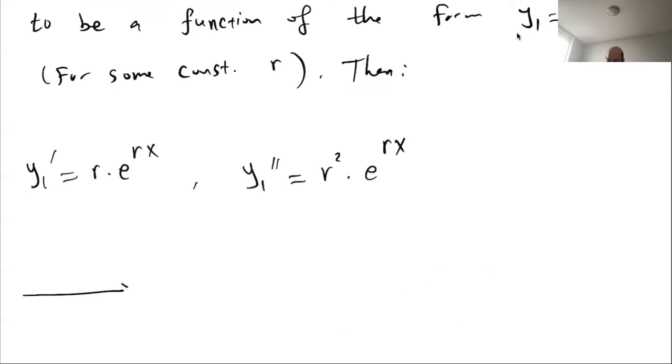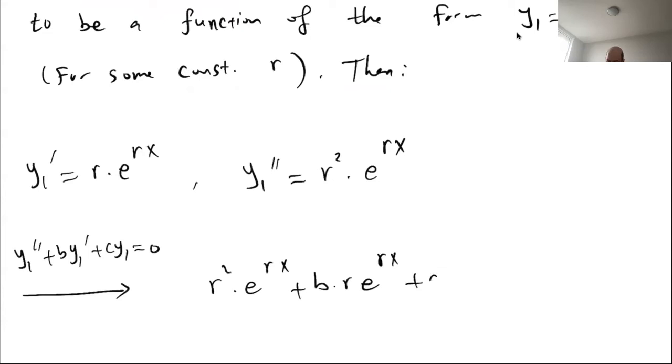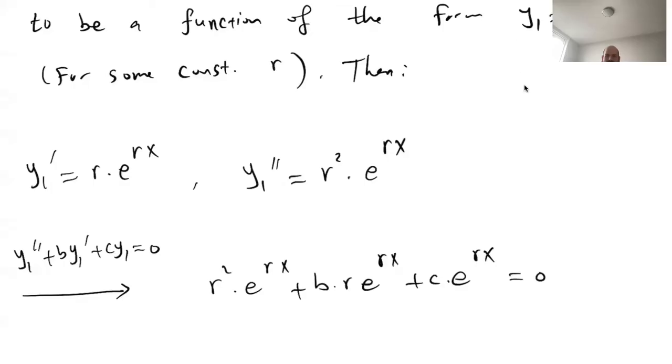And what do we know? We know that y1 double prime plus b y1 prime plus c y1 equals 0. So that gives me r squared e to power rx plus b r e to power rx plus c e to power rx equals 0.